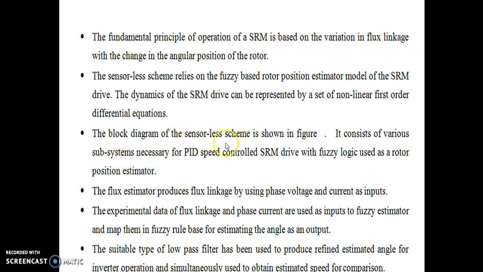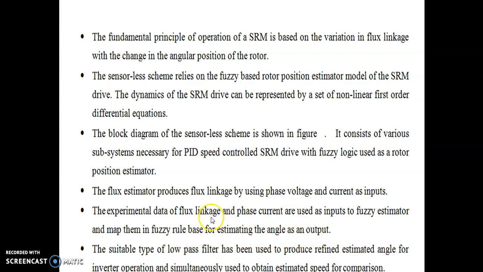The block diagram consists of the sensorless scheme shown in the figure. It consists of various subsystems necessary for a PID speed controlled SRM drive with fuzzy logic used as a rotor position estimator. The flux estimator produces the flux linkage by using the phase voltage and current as the inputs. The experimental data of flux linkage and phase current are used as inputs to the fuzzy estimator and mapped in the fuzzy rule base for estimating the angle as the output.